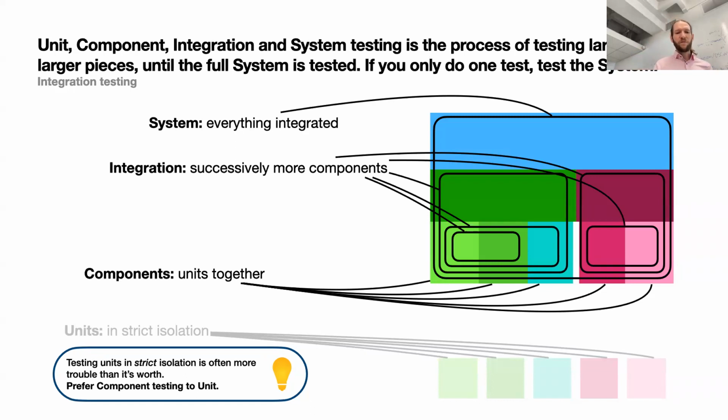The highest level of integration is that of the full system, and that includes what are called end-to-end tests. And this is where we get the most value from our tests. These are those test cases which are the most similar to the behavior that a user might see or care about. But these tests are often also the hardest to write, and you're likely to have the fewest of them.